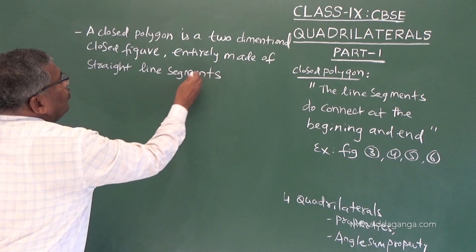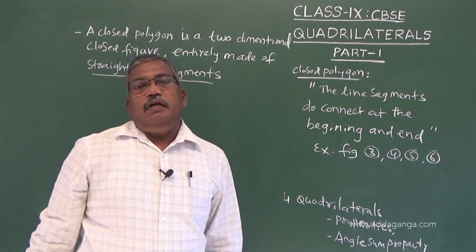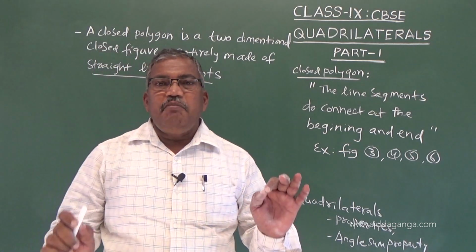This is more important: straight line segments. Curved lines cannot be there in a polygon.